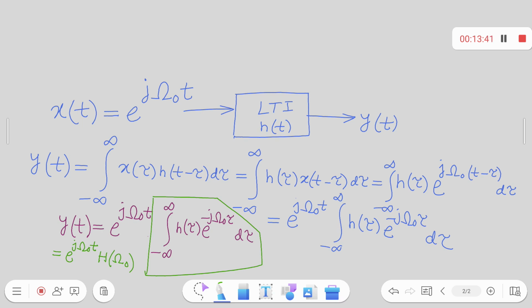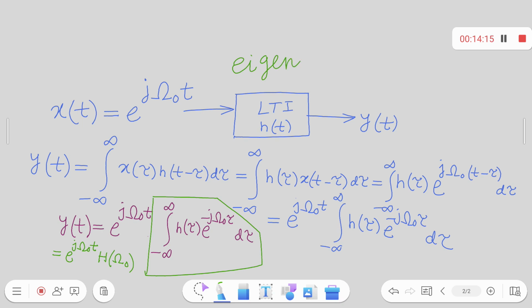And this type of signals, when applied to a system, is returned as it is, multiplied with some constant. This type of functions or this type of signals are known as the eigenfunctions or eigensignals. Eigen, E-I-G-E-N, eigenfunctions.